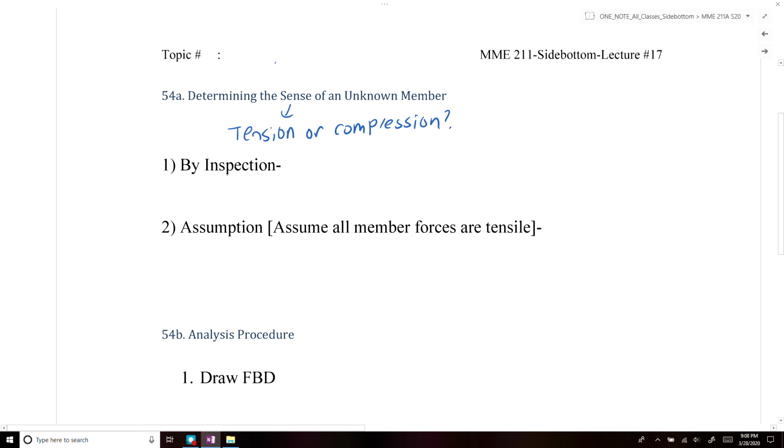What we mean by inspection is that the equilibrium condition over the entire truss must be true. So oftentimes, if there's only one force going in the y direction and it has to oppose a weight like it did in the last example, you know that it has to balance it out. So if you can determine that one of your forces must be acting in a certain direction to ensure equilibrium, that would be the inspection method.